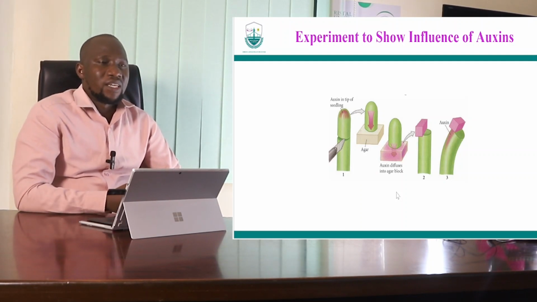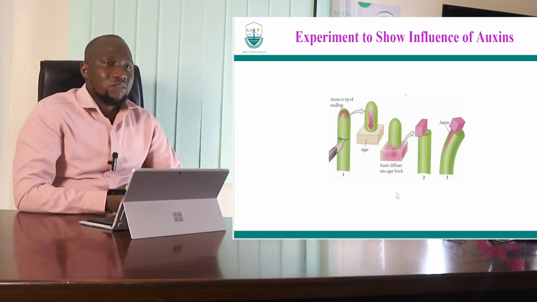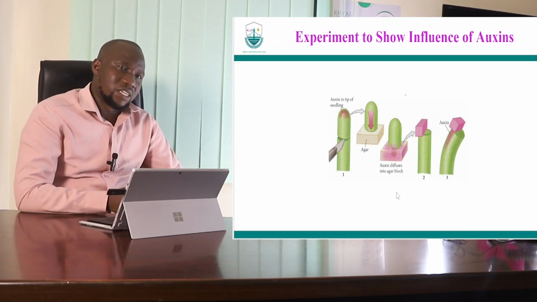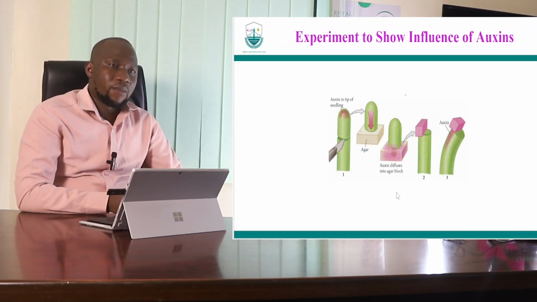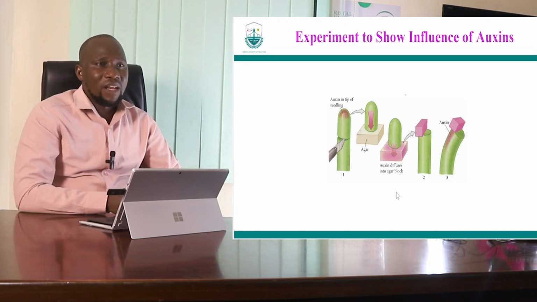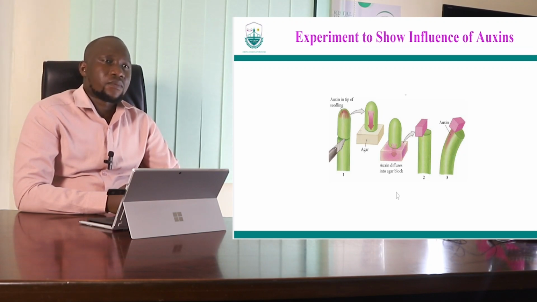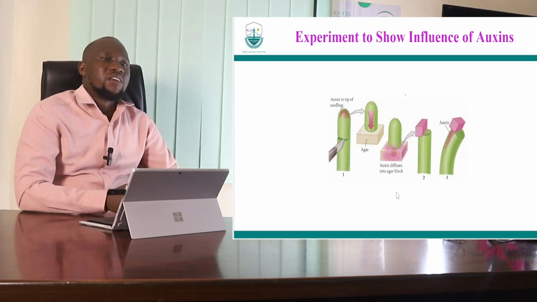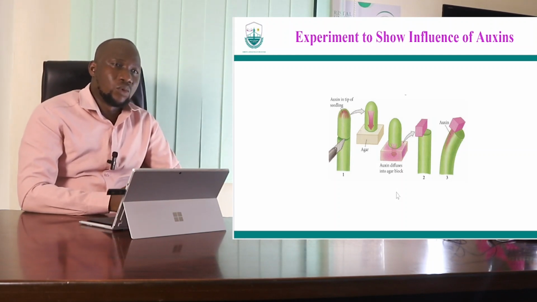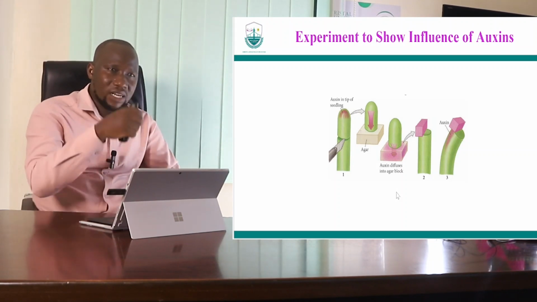What will happen is that this shoot will not continue to grow because you have removed the part which contains the auxins. The fact that you have placed it on the agar means that the auxins can actually diffuse from the tip of the shoot that was cut into the agar.